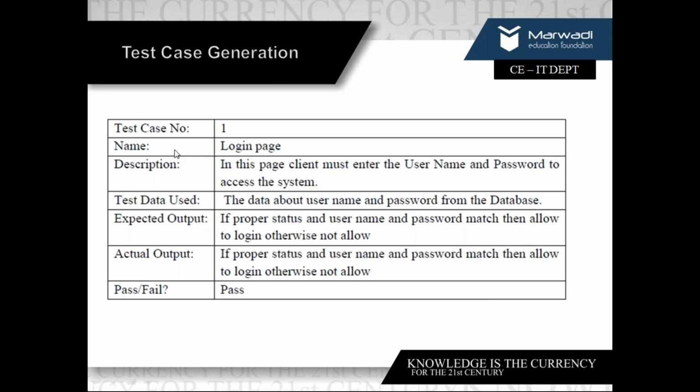Test case number, name, description, data which I used for testing, actual and expected output. What was the output? Pass or fail? Did my test pass? If yes, nothing has to be done. If it failed, I'll put more stress on whether I used correct data. Now again, in white box testing we'll discuss what data should be taken in testing. We'll talk about that in detail.